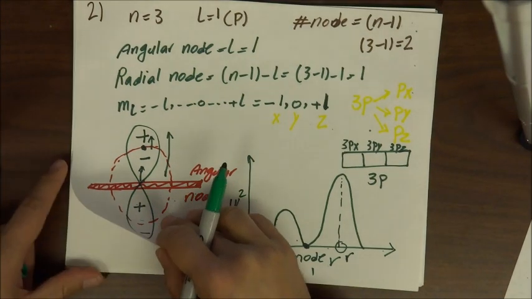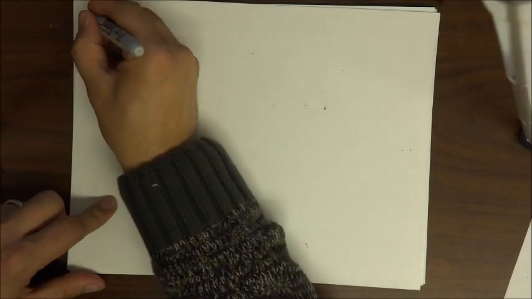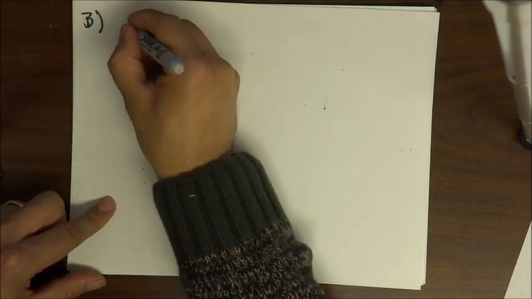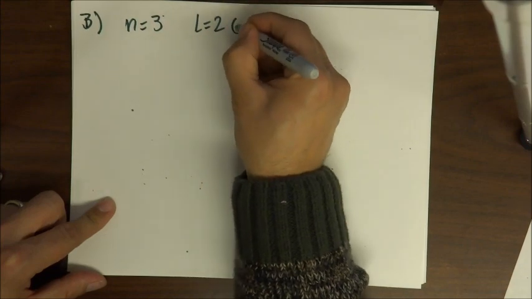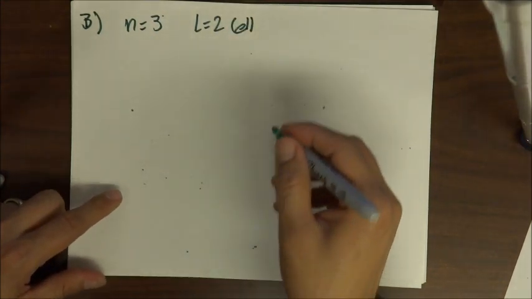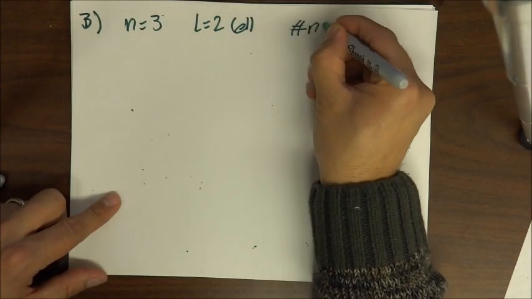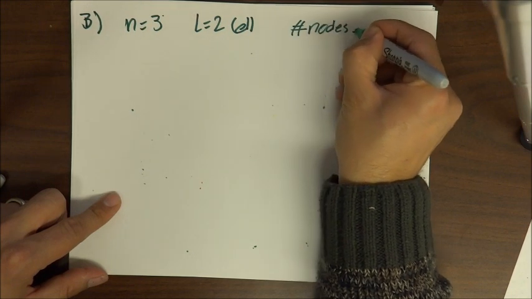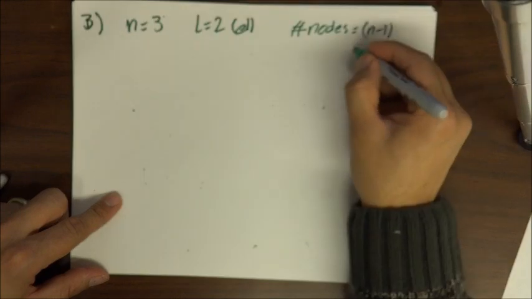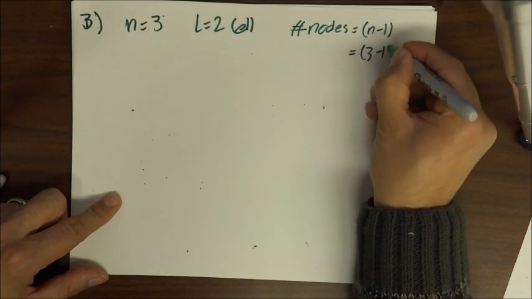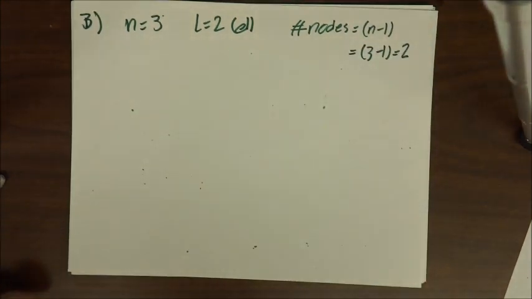And the last orbital from n equal 3 is n equal 3, L equal 2. We are dealing with a d orbital, and we know total nodes equal n minus 1, which will be 3 minus 1, 2 nodes.